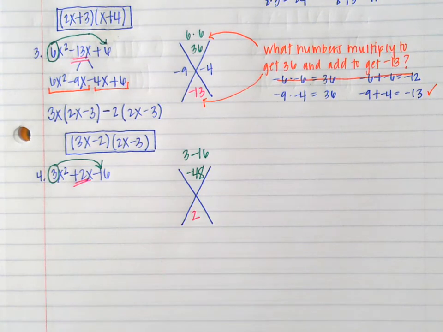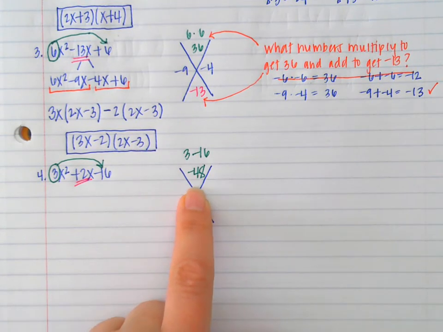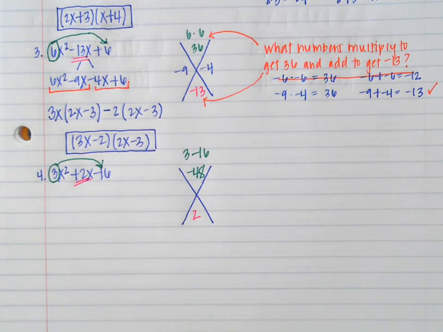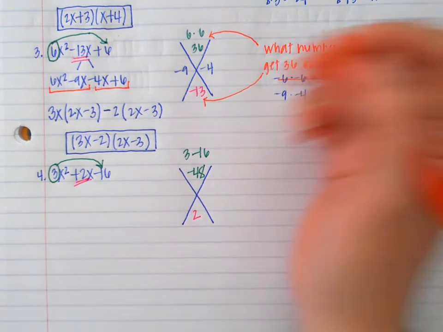Well, I can't do a positive and a positive. A positive and a positive always gets me a positive. I can't do a negative and a negative because that same thing always gets me a positive. So what we're looking for is a positive and a negative number that's going to multiply together. So that's going to be our question.